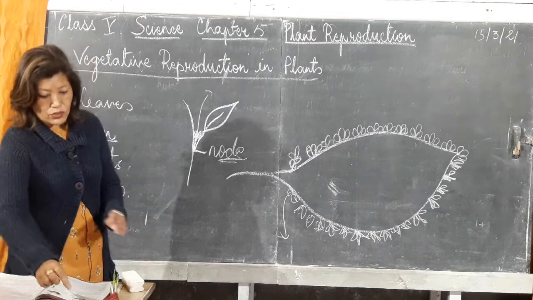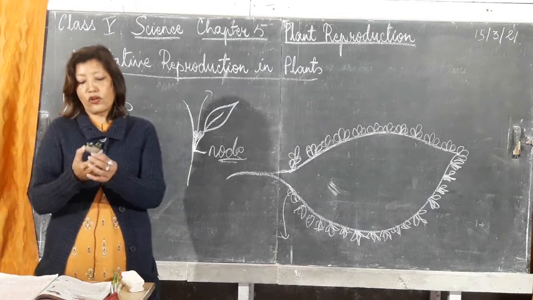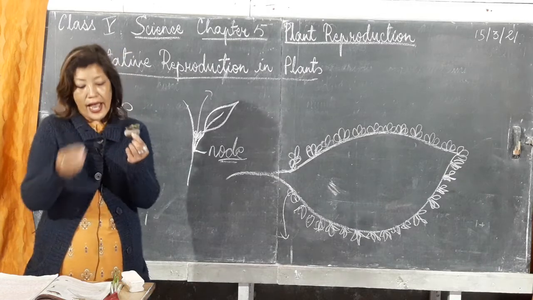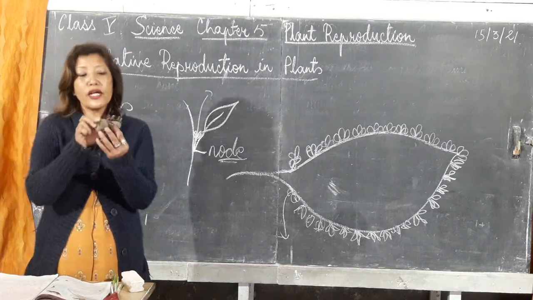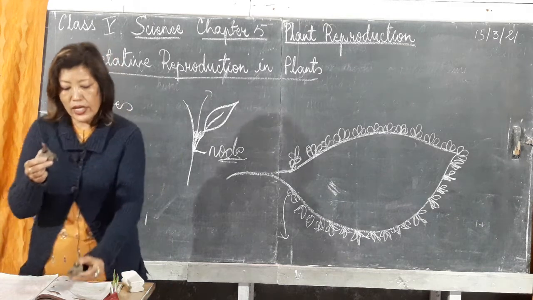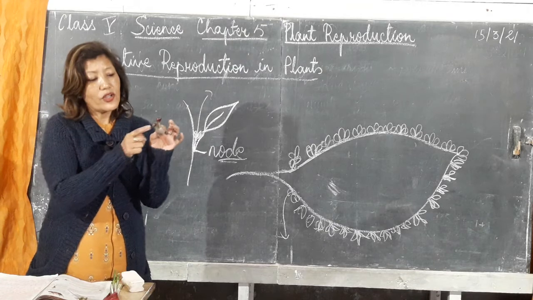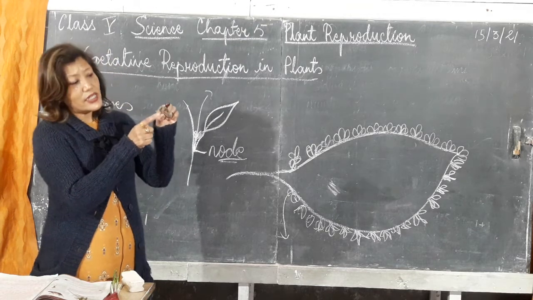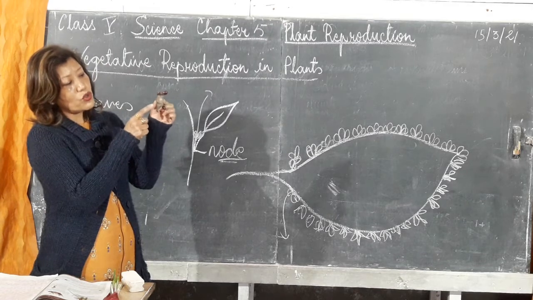So, in potato, let me show you, I have got a potato out here. Now, this is a potato. Now, a potato has nodes, which are also called eyes of potato. You can see it out here. You can see the small shoot or small plant coming out from the eyes. These are the eyes, or they are also called the nodes of potato.